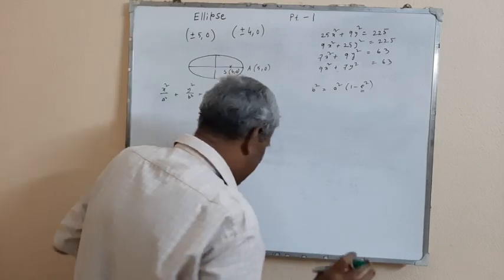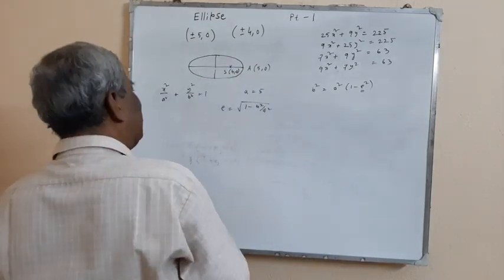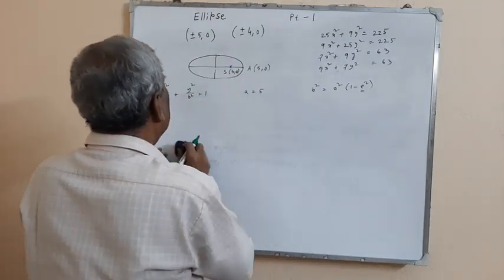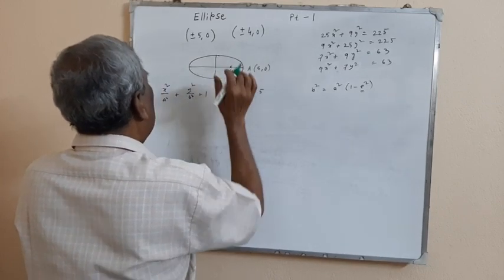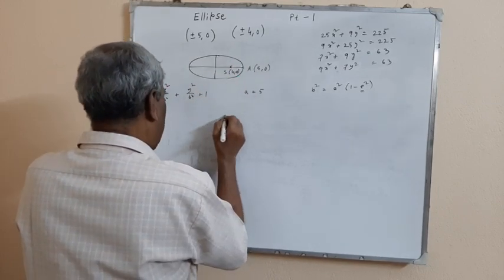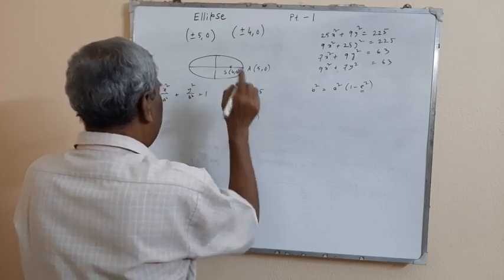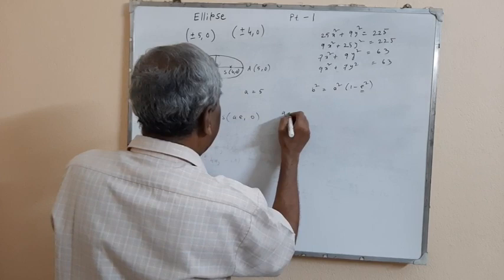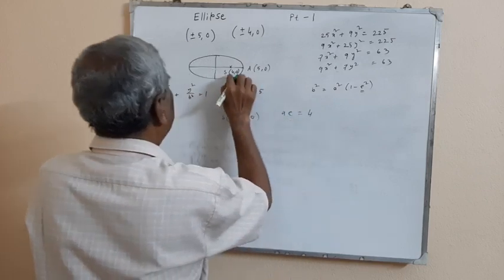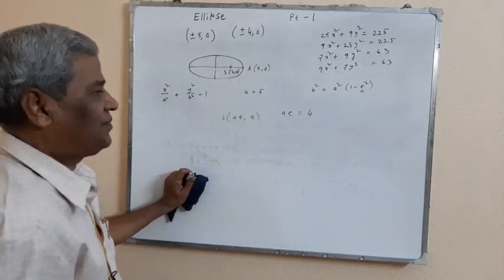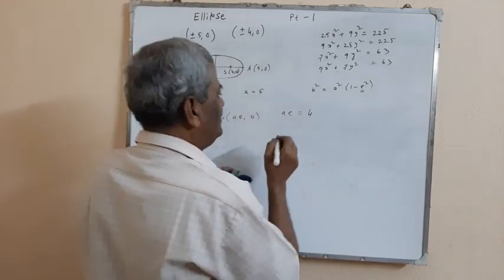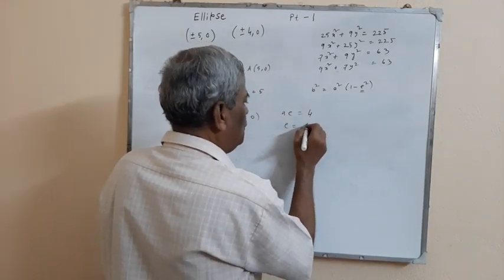Oh, sorry. Just 1 minute. Actually, the coordinate of the focus is a e, 0. So clearly a e is equal to 4. A is 5, so e is equal to 4 by 5.